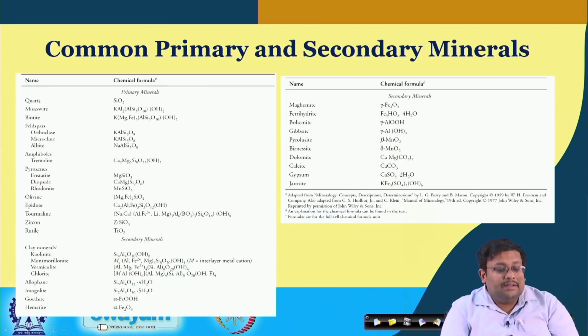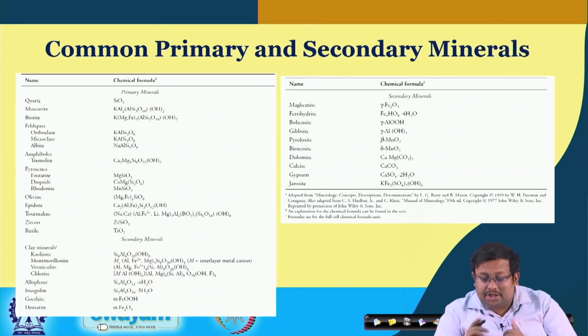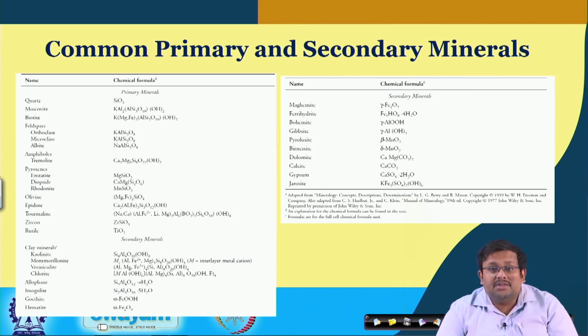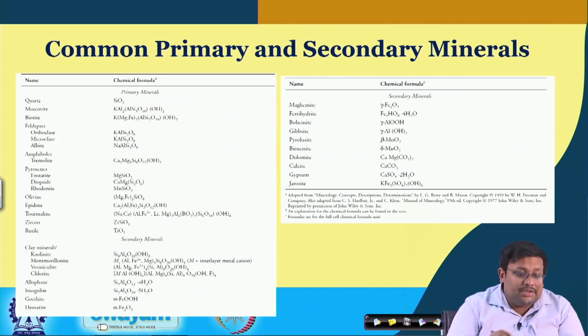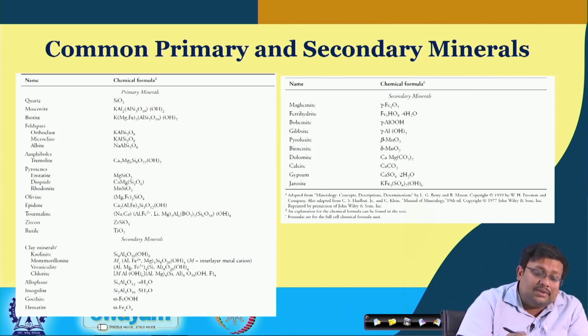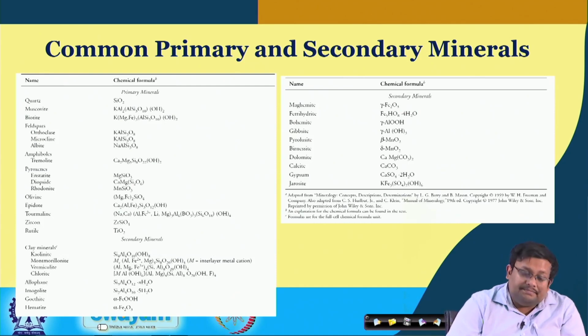So, these two tables basically show the different primary and secondary minerals which are present in the soil, along with their corresponding chemical formulas.